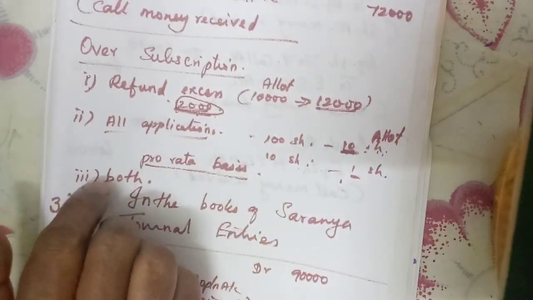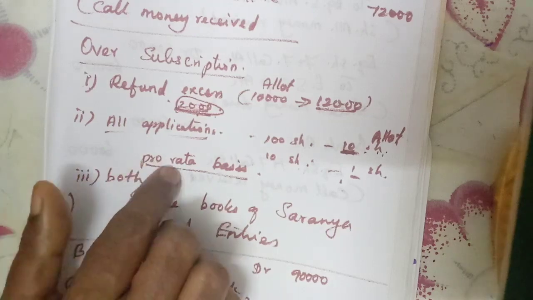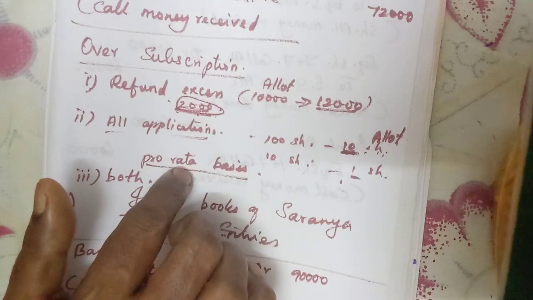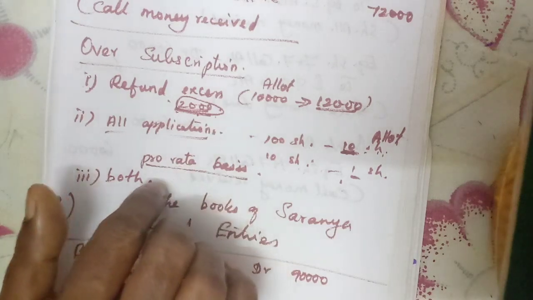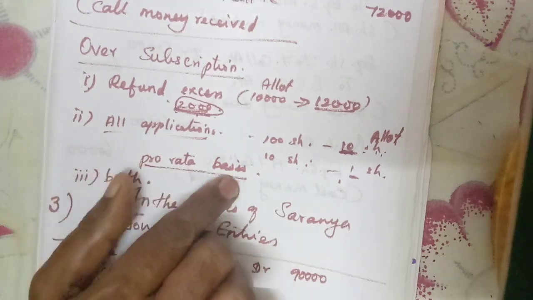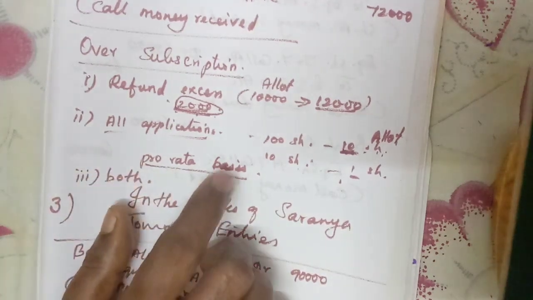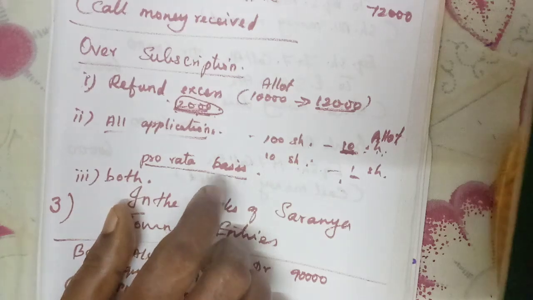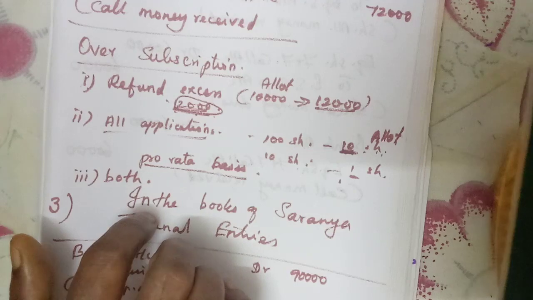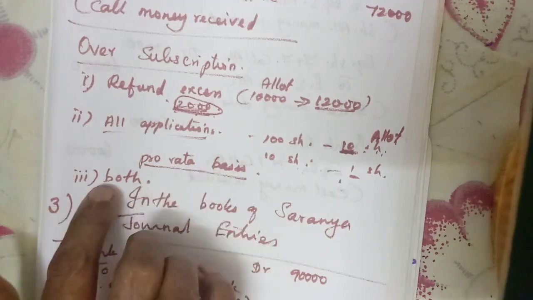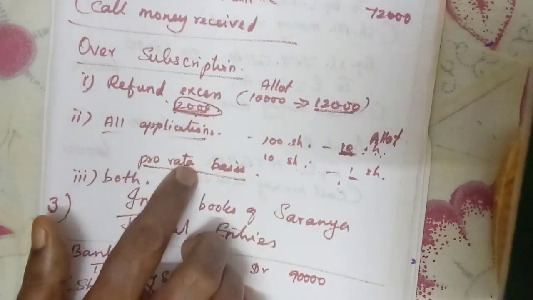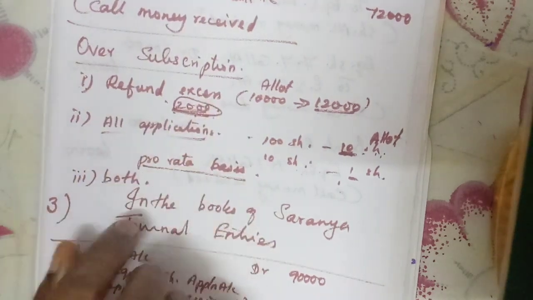Tomorrow we will see pro rata allotment, how they adjust the excess application money they have received as per the pro rata allotment, without refunding the excess money, or they can do both. Each one we will see in each exercise and illustration. Some of the applications they will refund and some they will adjust with the allotment money. Okay, thank you, students.